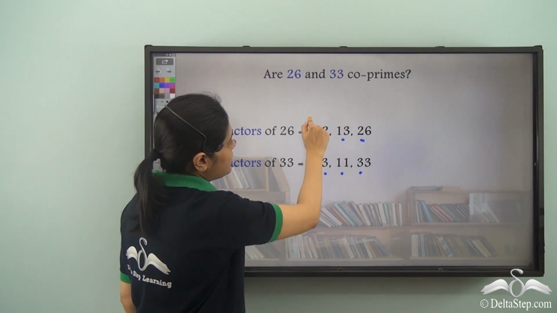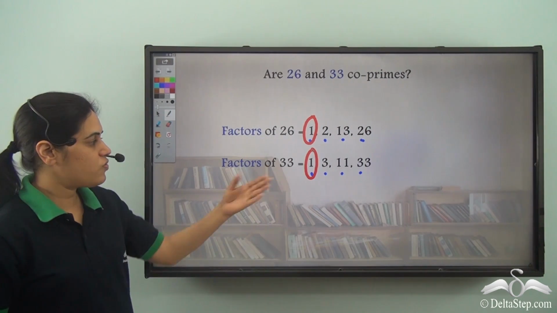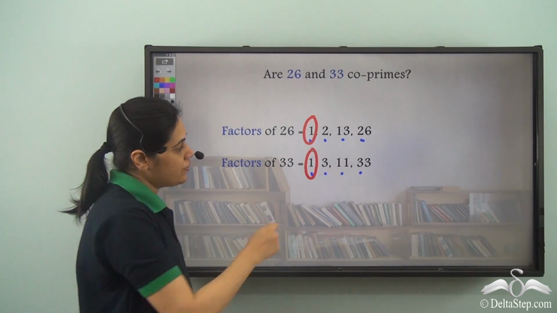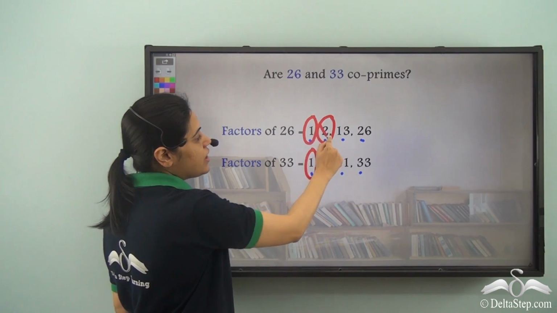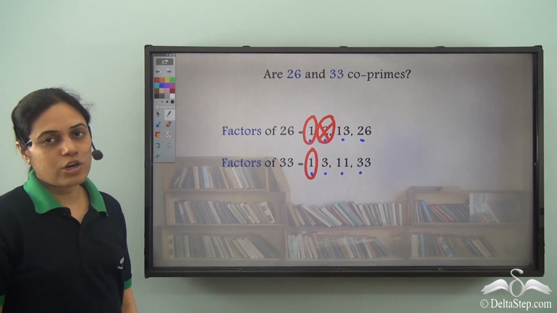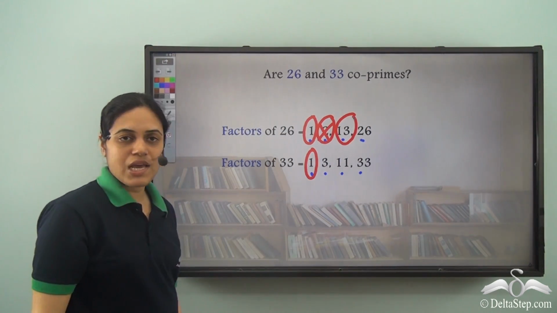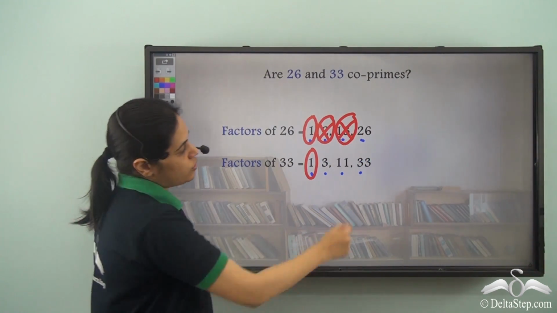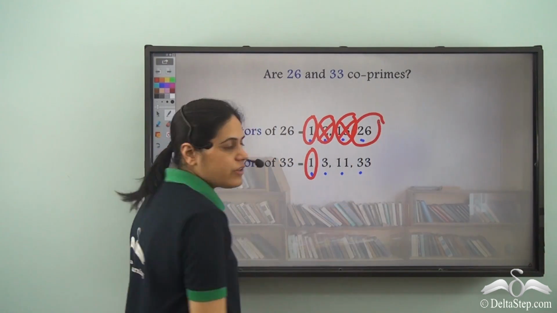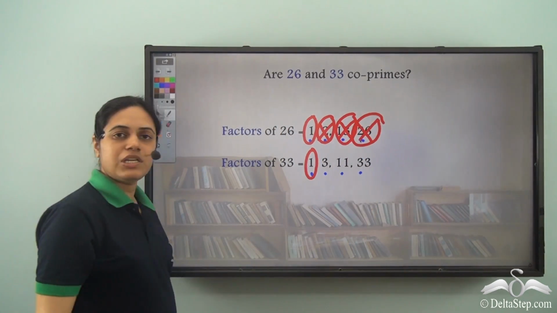So in 26 there is 1, which is there in all the numbers. So 1 is there in 33 as well. In 26 I have 2, but 2 is not a factor of 33. 13 is a factor of 26, but 13 is not a factor of 33. 26 is a factor of itself, but 26 is not a factor of 33.